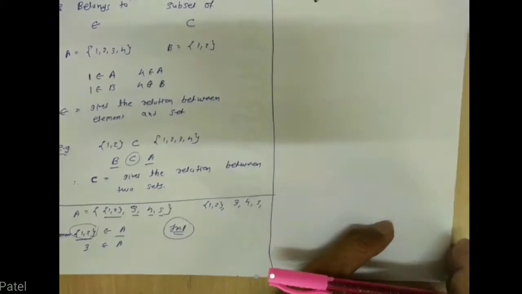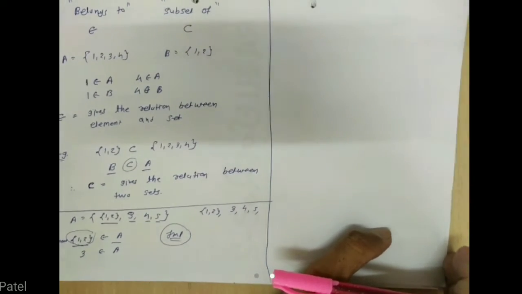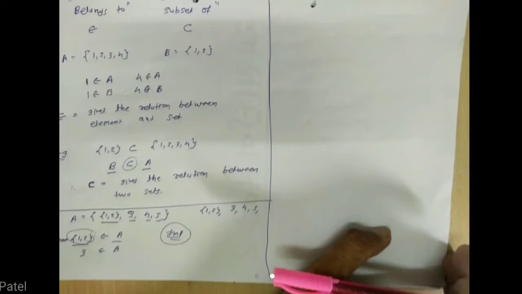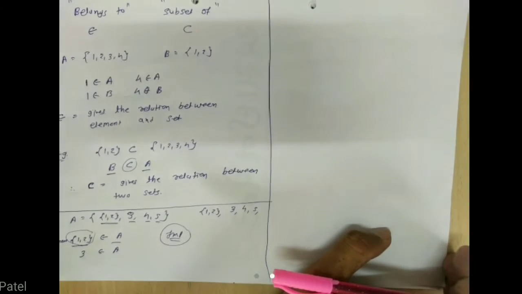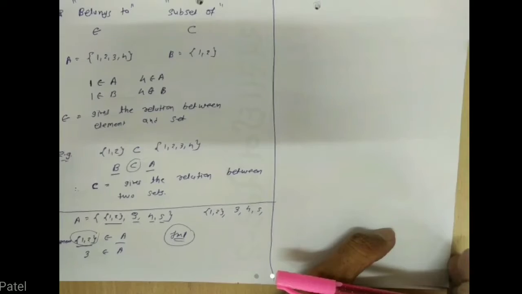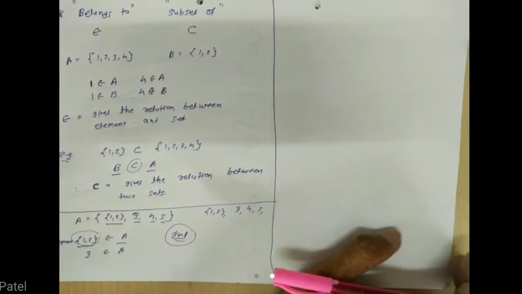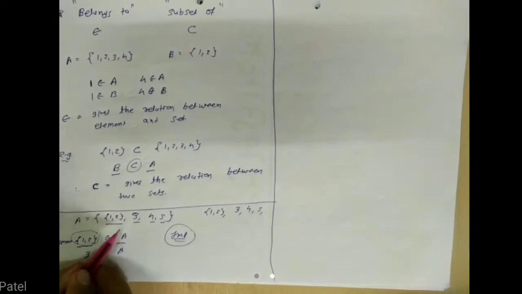क्लियर? डिफरेंस समझ में आ गया सबको? What is the difference between belongs to and subset? Belongs to gives the relationship between element and set, while the subset gives the relationship between two sets. And this one is important. That means element is represented in form of set.